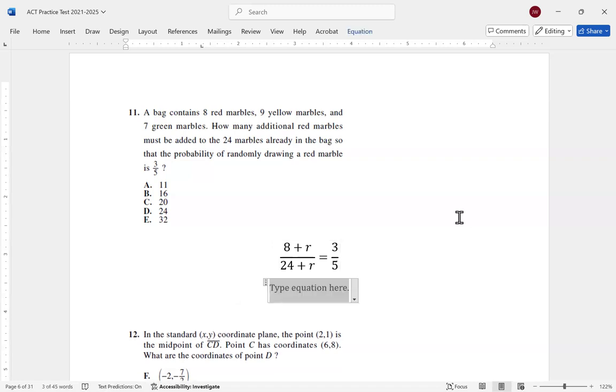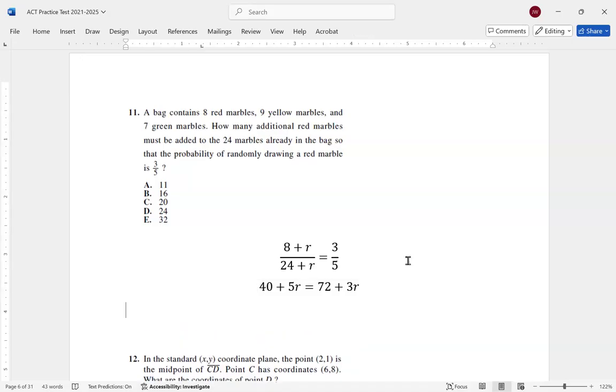And so I can solve this equation. I would cross multiply: 5 times 8 plus R gives me 40 plus 5R. 24 plus R times 3 gives me 72 plus 3R. And then what we would do is subtract 40 from both sides. We'd get 5R is equal to 32 plus 3R.